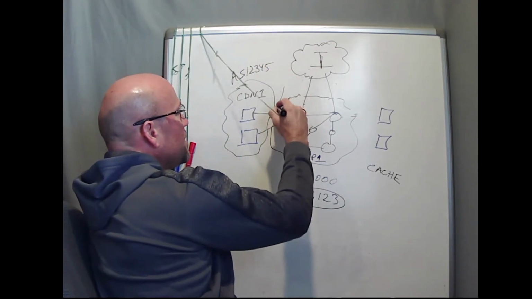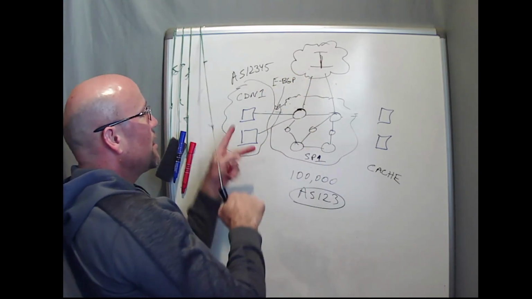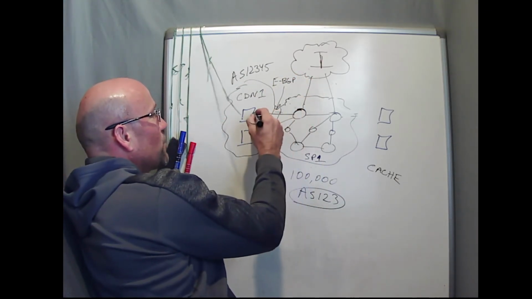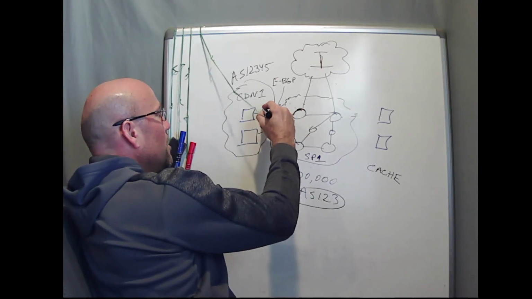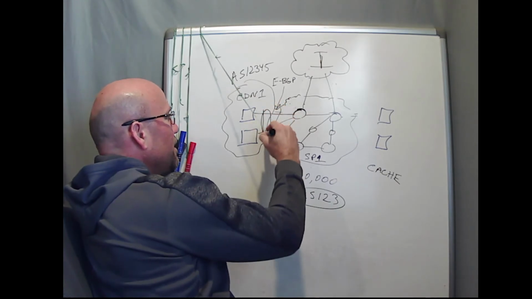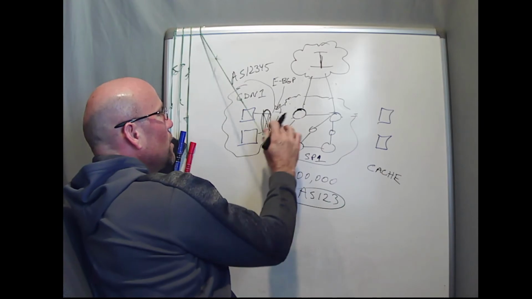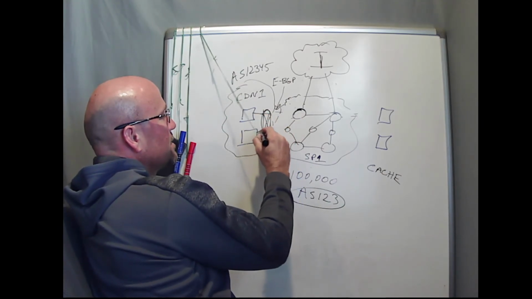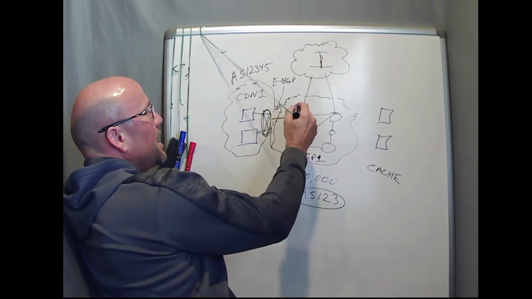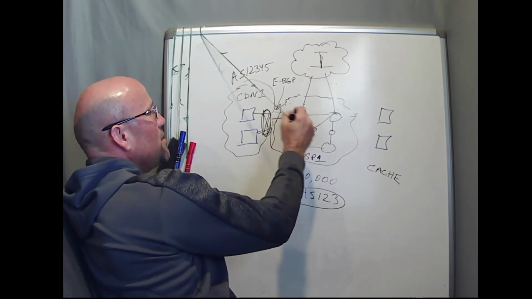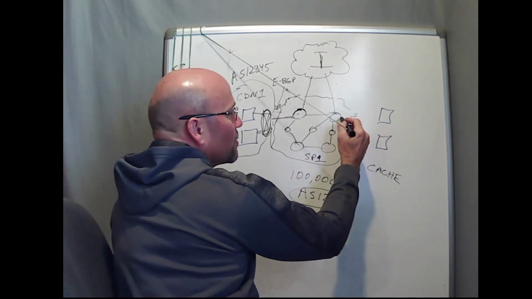And this is an eBGP connection. This CDN might be directly connecting these servers, or this CDN provider might have a router in between here where they have the servers connected to the router, and then the router has one connection, in which case this provider is probably eBGP peering with the router.